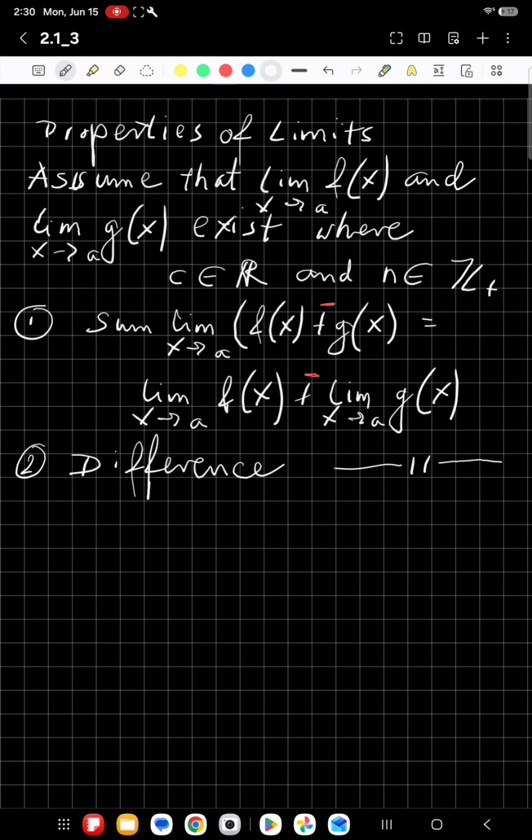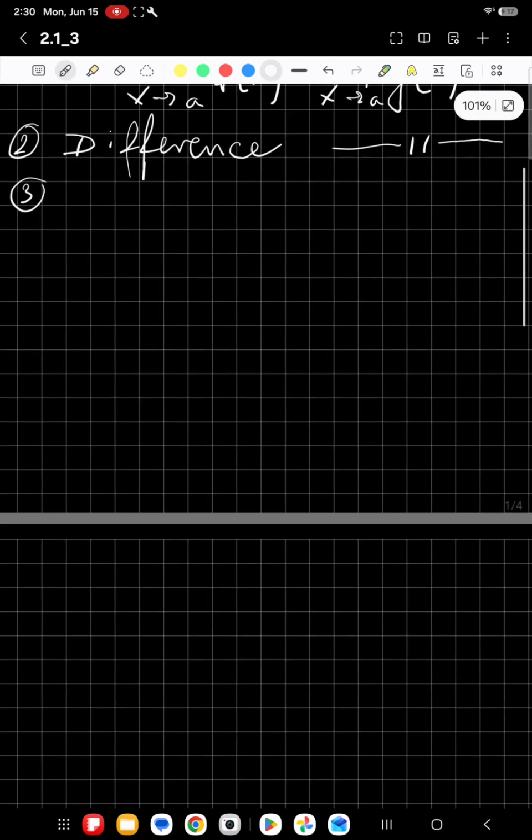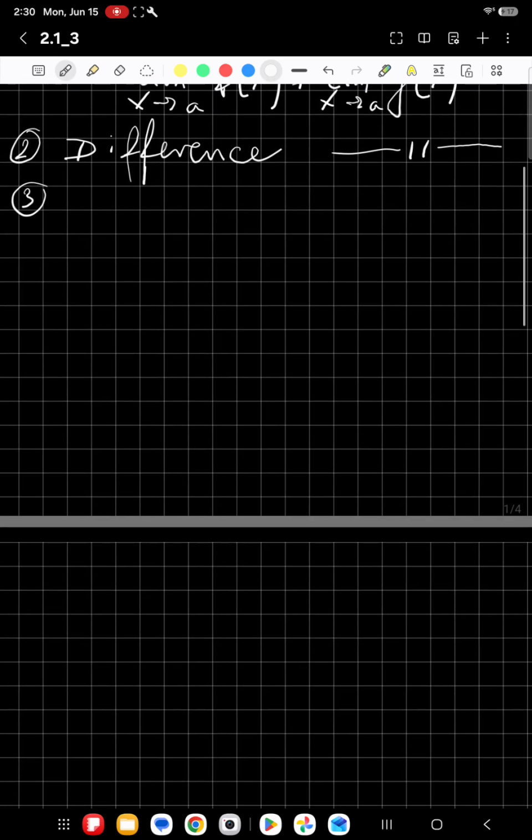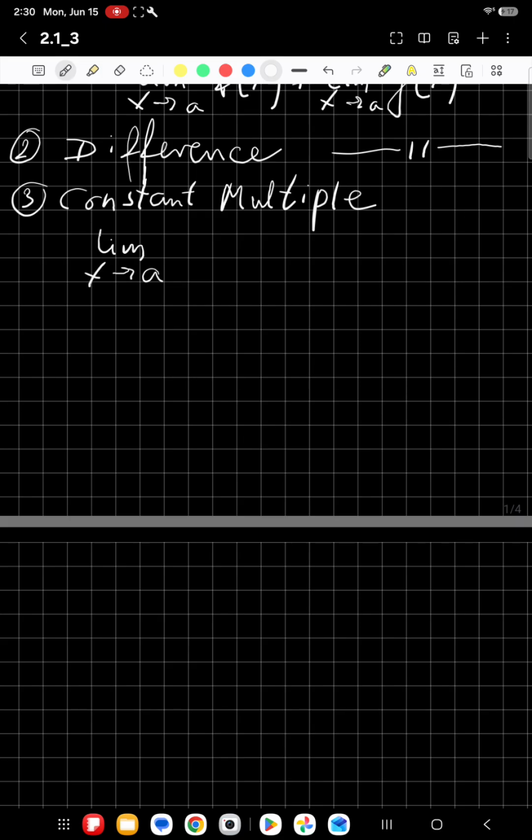The next one is called constant multiple. This is property number 3. So what does that mean? Again, I have a limit with x approaching some number a, and this time I have some number c, a real number, and it's multiplied by a function.